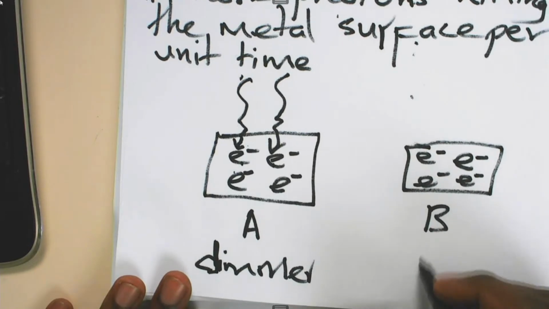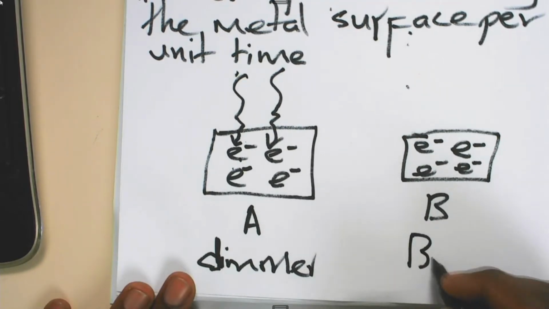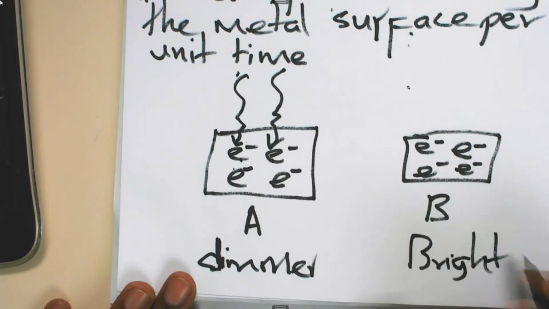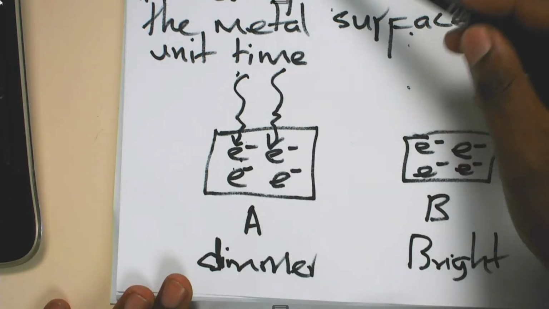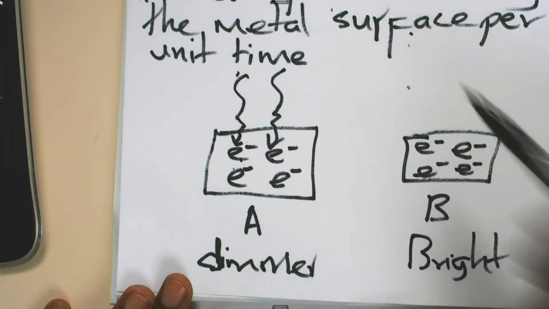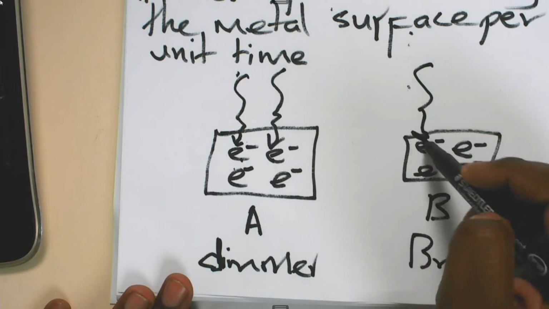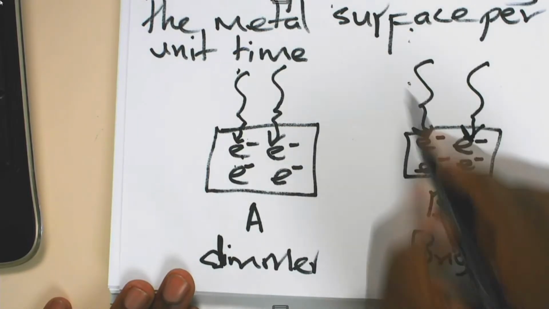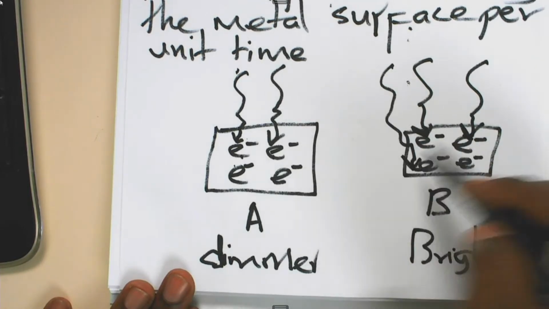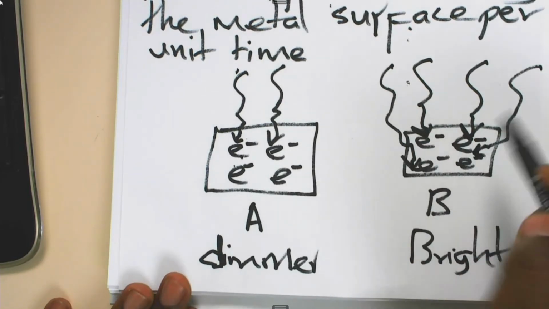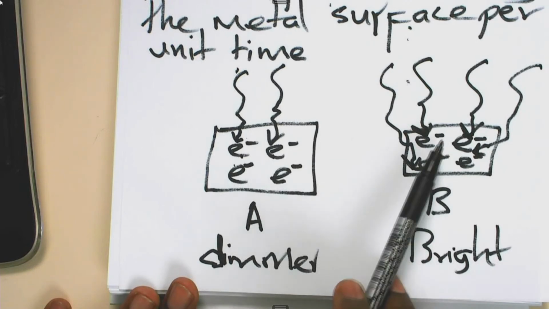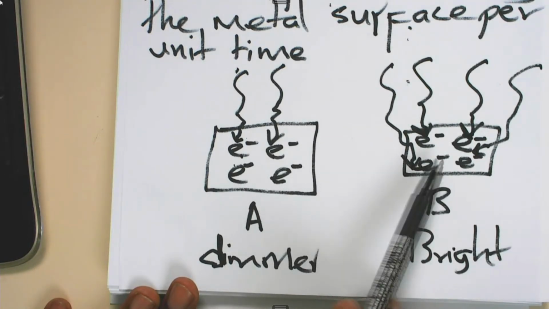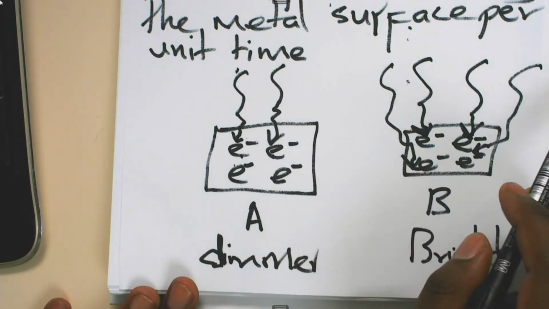But if now you have a brighter light or light of higher intensity hitting the metal, you will now have more photons hitting the metal surface. So in this case, we are now having 4 photons hitting the surface of the metal, meaning you will release more electrons.